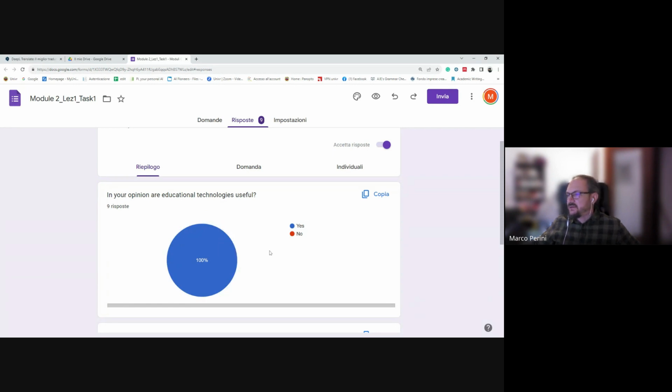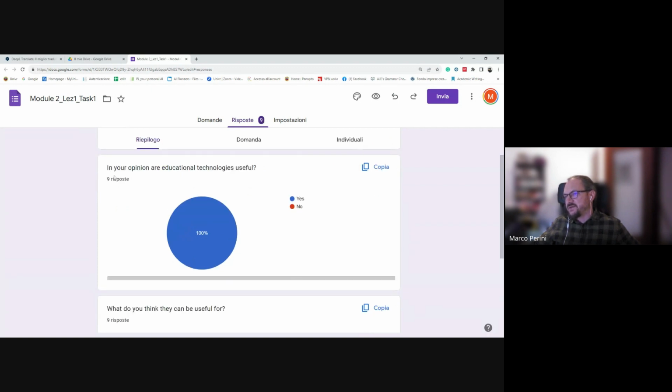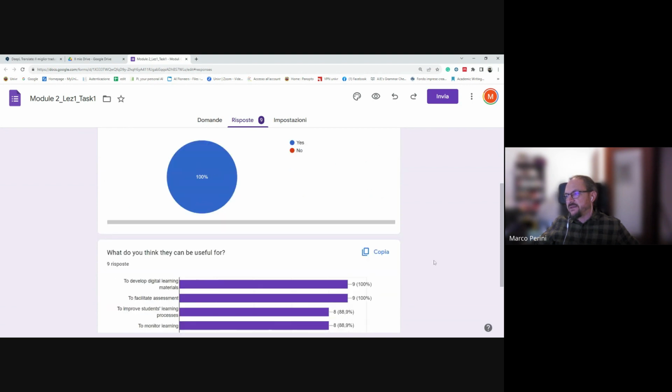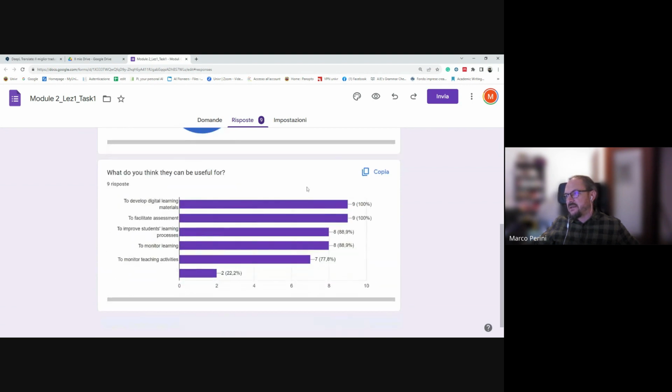As I can see, 100% of the respondents, which are 9, answered yes to the first question, and also answered to the most part of the fields, the area where they think the technology can be useful.